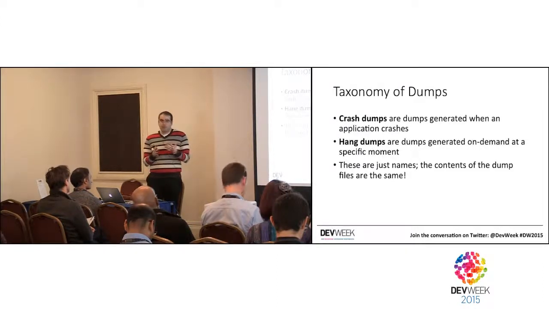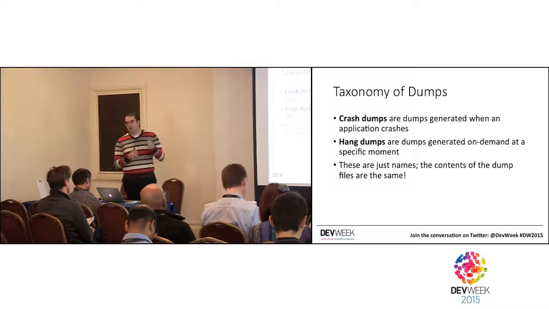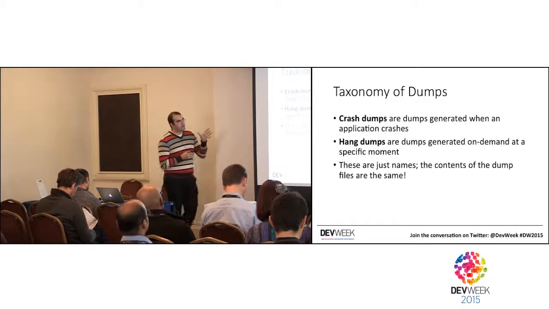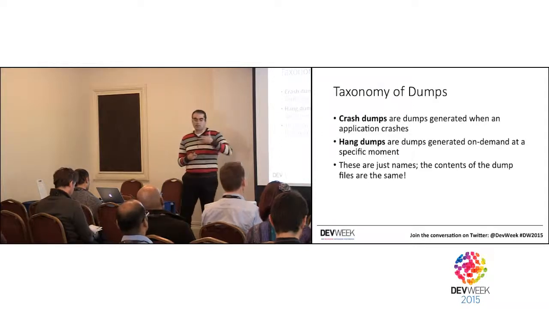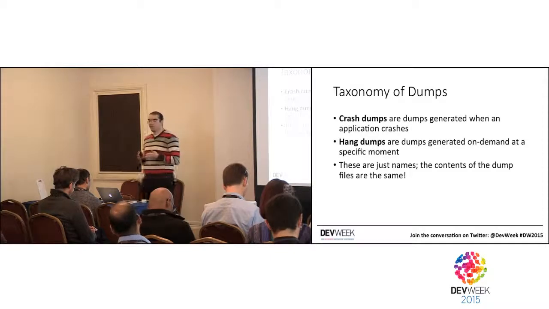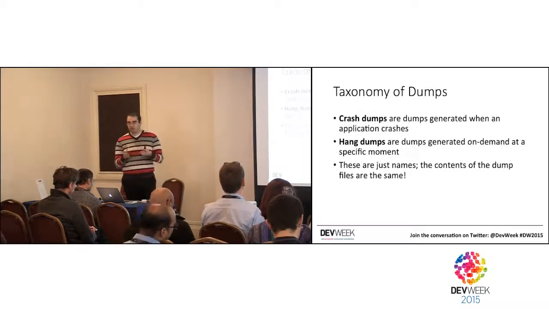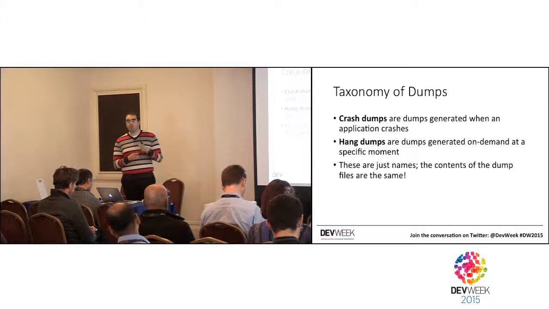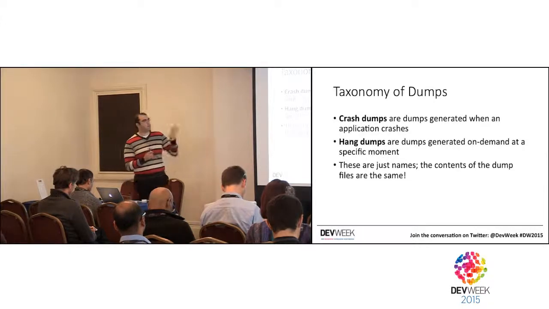So it doesn't really have to be a hang. It can be any arbitrary condition, anything interesting for you that you decide should warrant capturing a dump file. So you might want hang dumps whenever the system spends more than 500 megabytes of memory. You might want a hang dump when the system isn't responding. So a bunch of different criteria for when to generate a dump file, but not a crash.